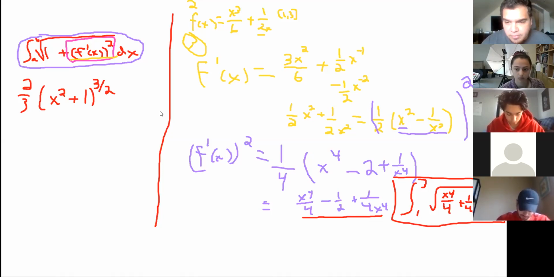If you did make an error, make sure that the 4 is definitely in the denominator in your calculator. Plus a half. Integrating with respect to x from 1 to 3.